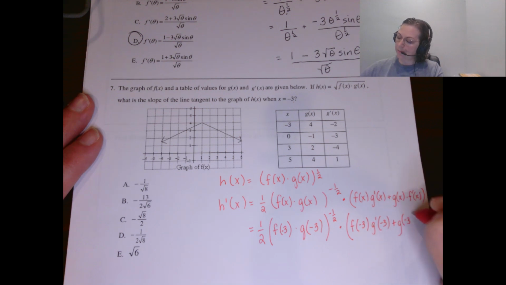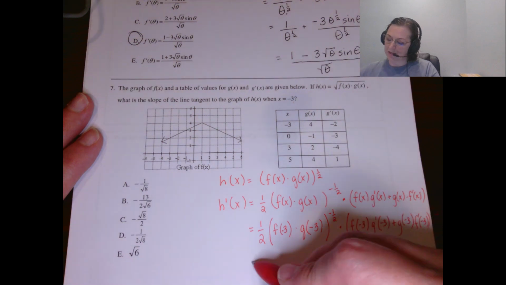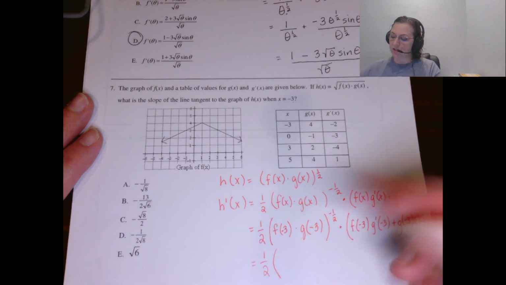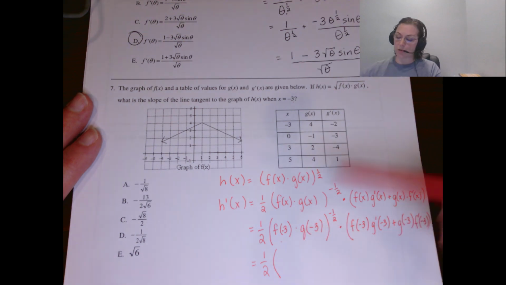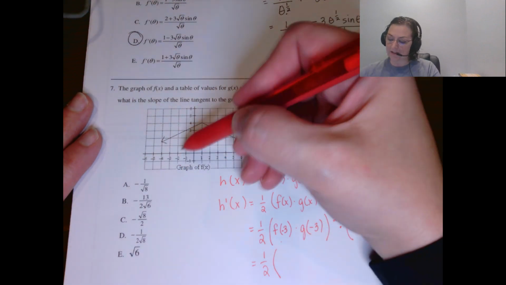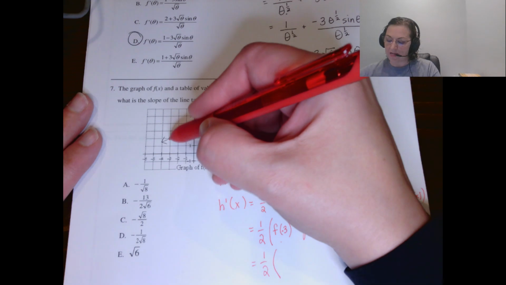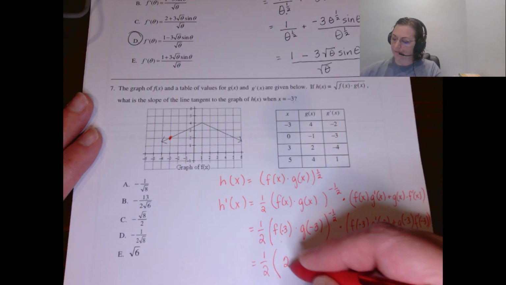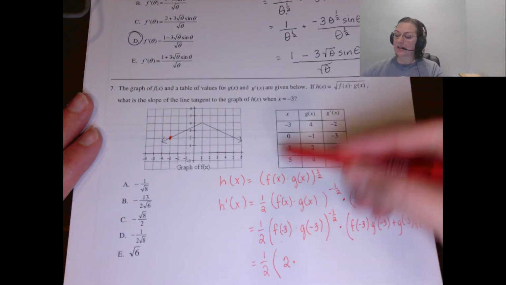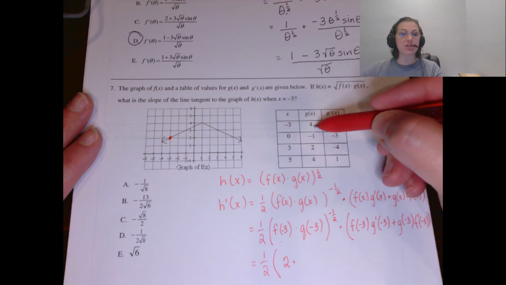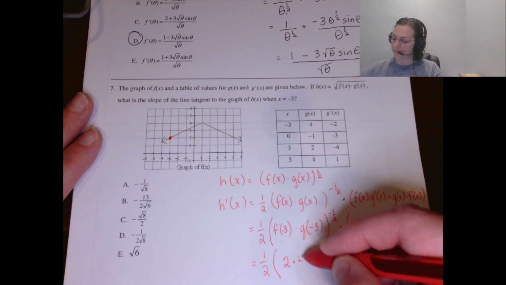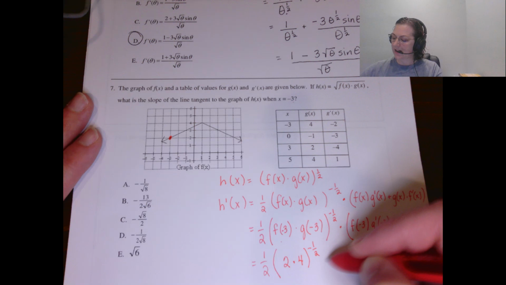So we'll be really careful when we get these values to make sure we're using the correct one. Okay, so f of -3, that means we're going to the graph of f at -3. We want the y value. That's 2. G of -3, a little bit easier. We just go in the chart. For g of -3, that's 4. And again, to the -1/2.